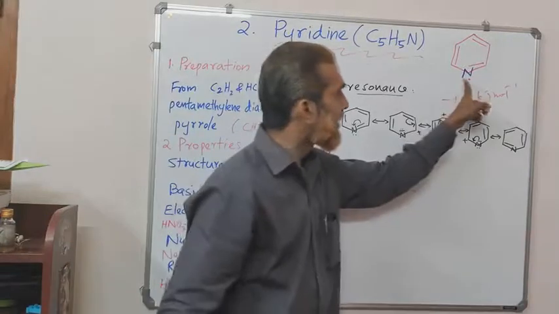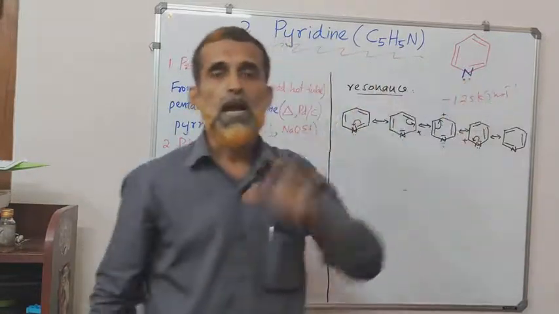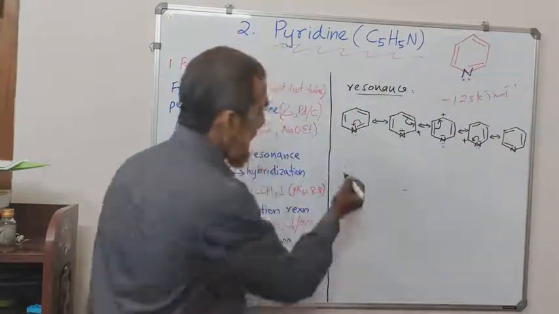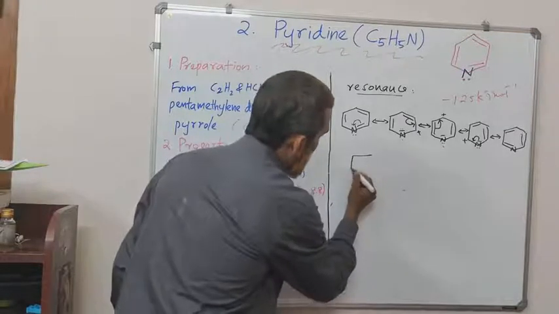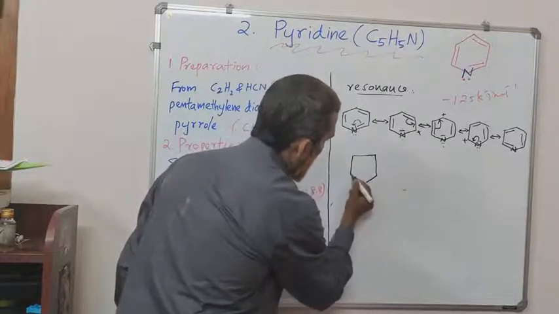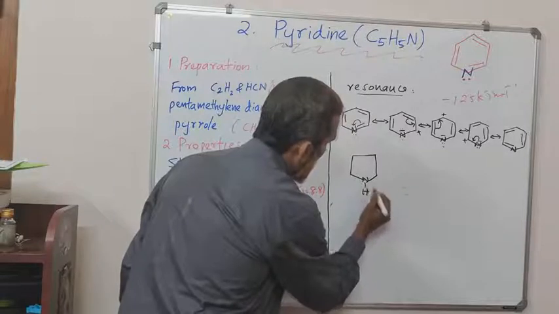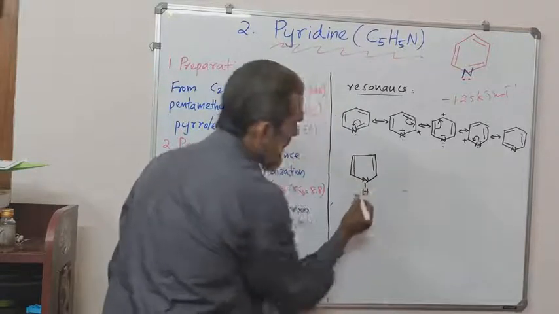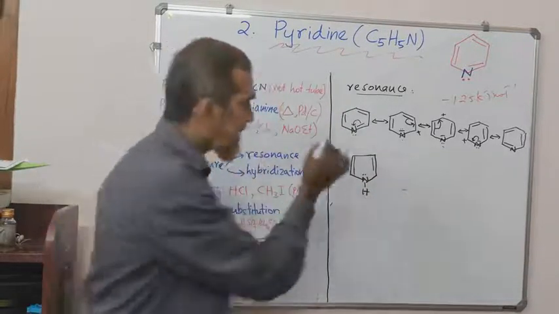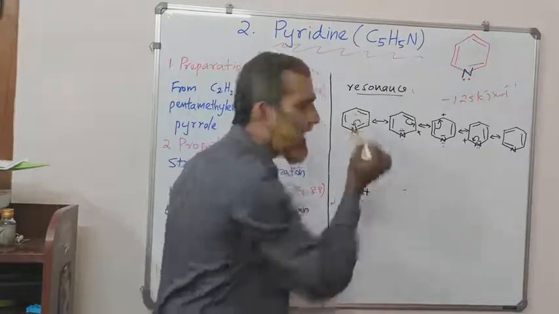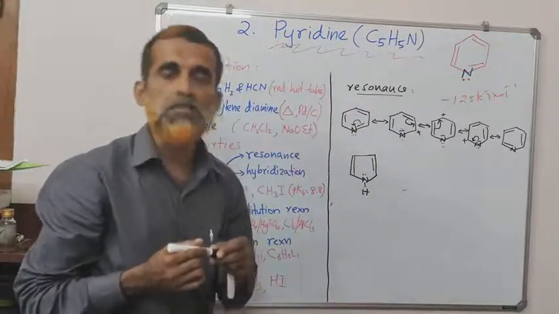As I told you, the lone pair is fully available for donation, and this can be contrasted with pyrrole. You know, pyrrole we discussed earlier, which has a lone pair, and comparing basicity of pyrrole with pyridine, which is more basic? Pyridine is more basic.